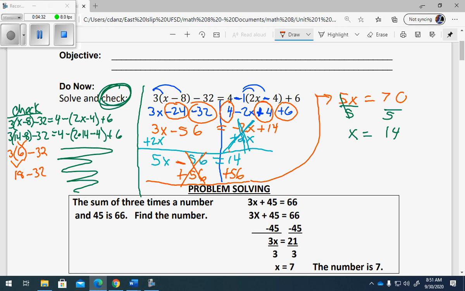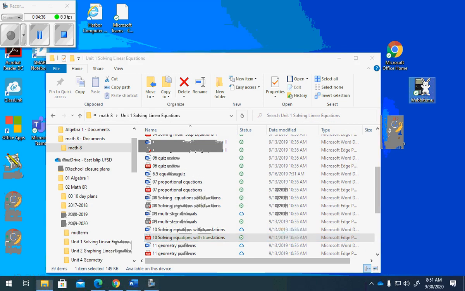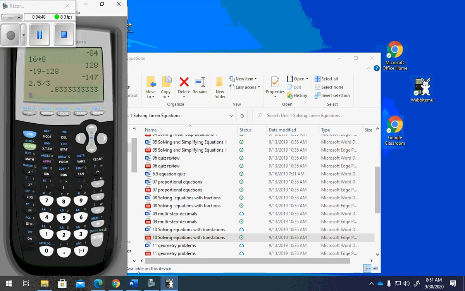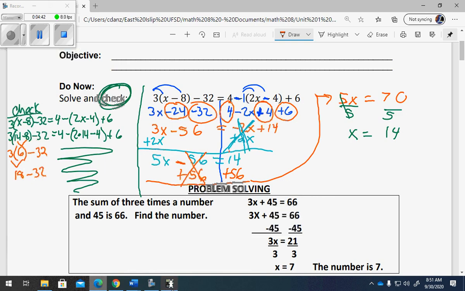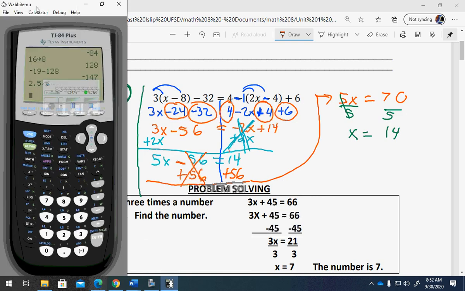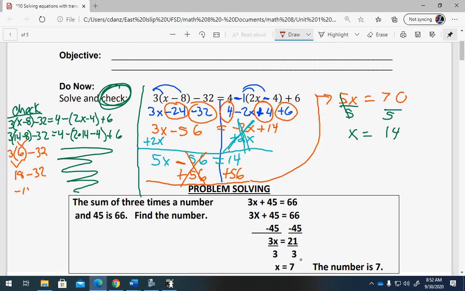Remember, you are allowed to use calculators if you're bad with those integers. 18 minus 32 is -14. So my left side turned out to be -14.